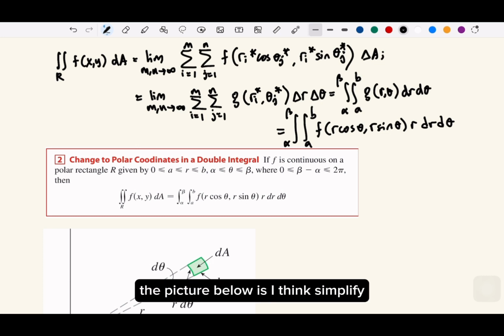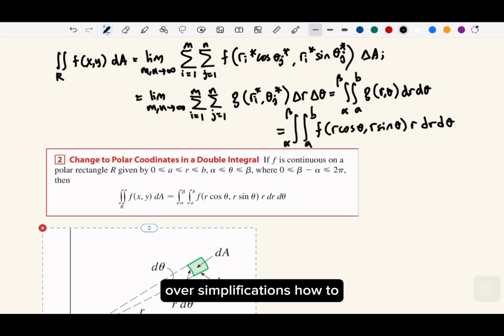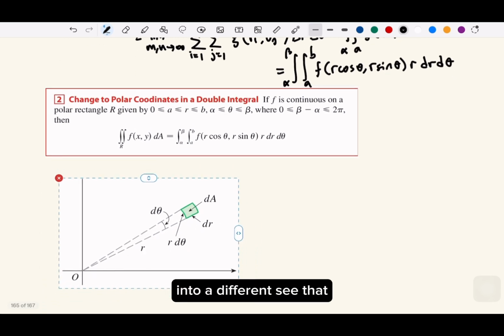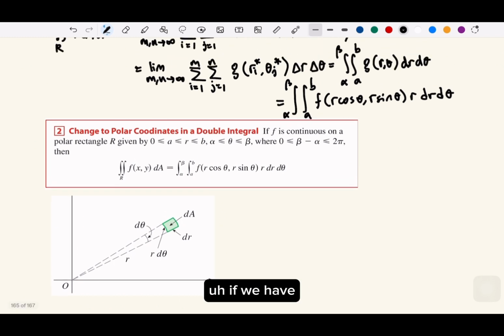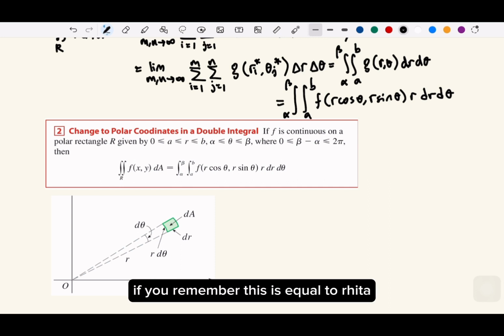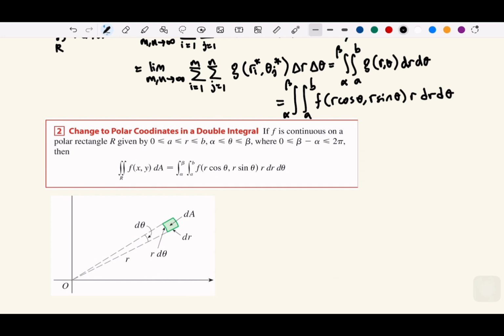The picture below is, I think, an oversimplification of how to intuitively see that. This part here, the arc of the circle, if you remember, is equal to r theta, right? So when the angle is small, we could write this as r d theta.